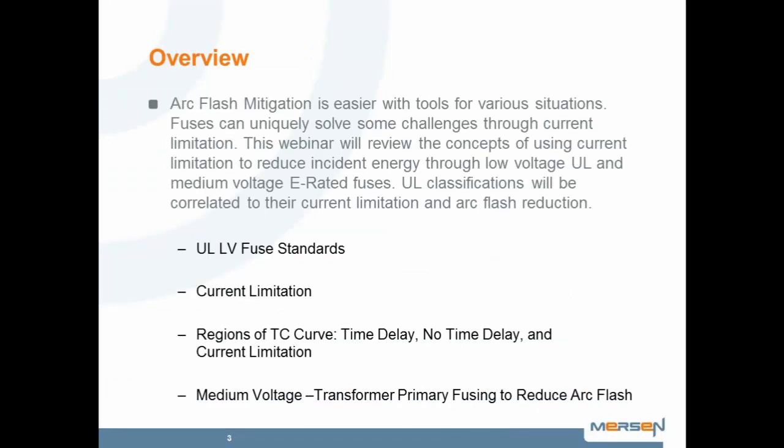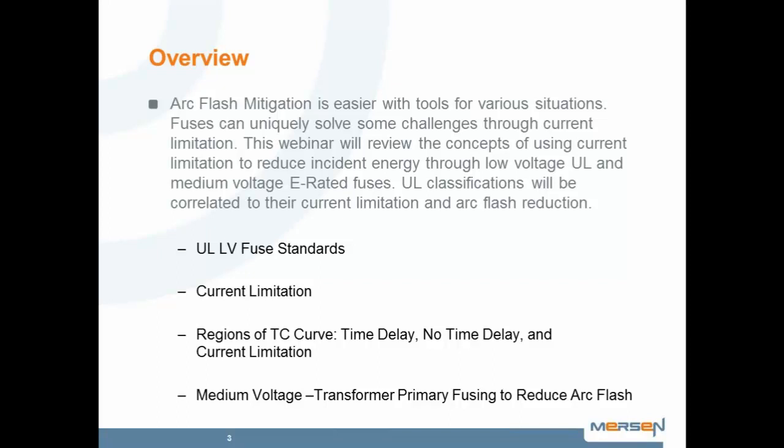So we are going to cover the common UL low voltage fuse standards, current limitation conceptually, and the different regions of the time current curve. That is the time delay portion, the no time delay portion, and the current limitation portion of the time current curve.